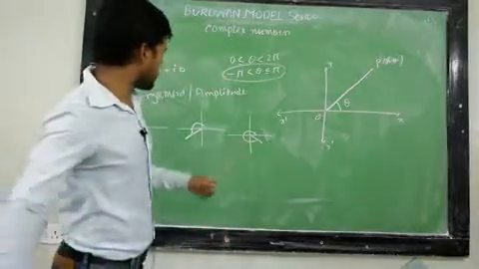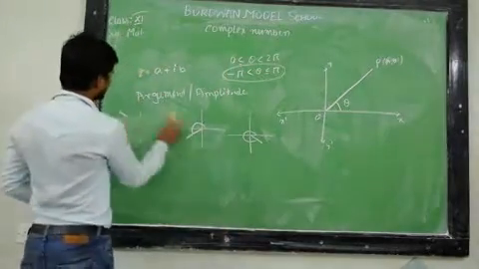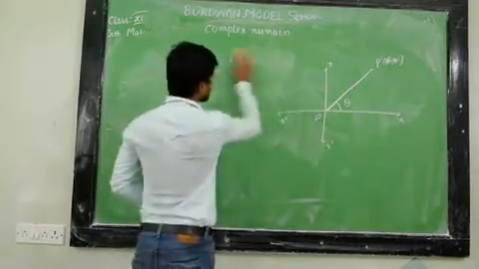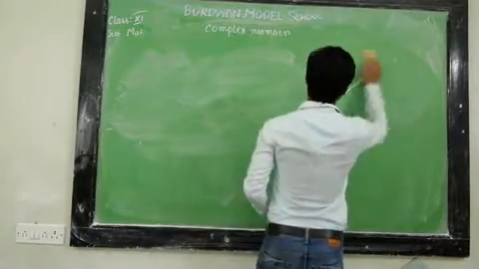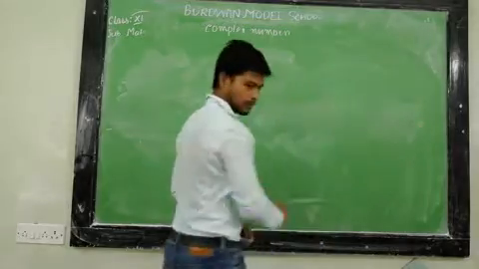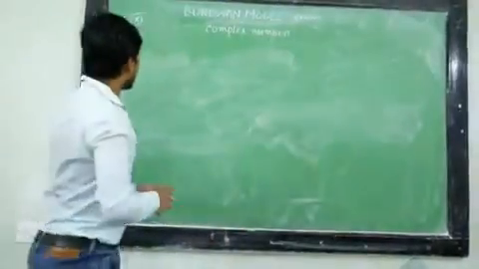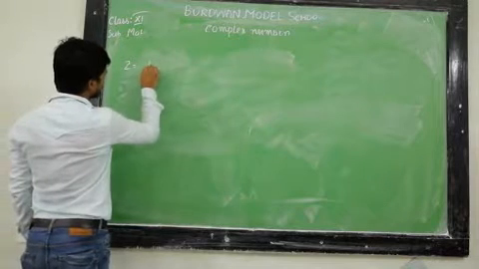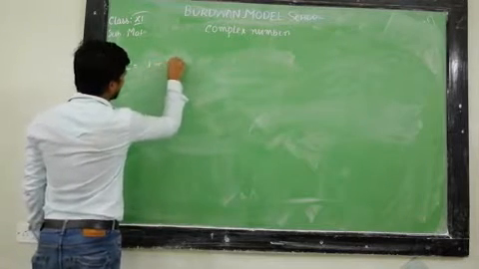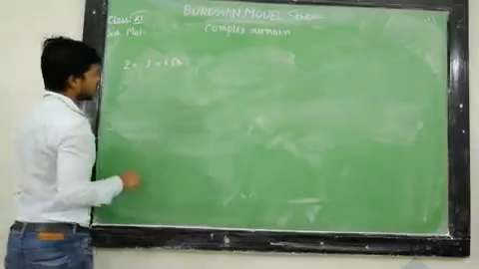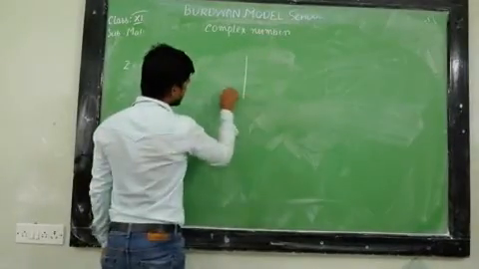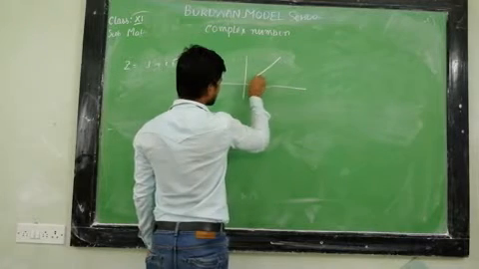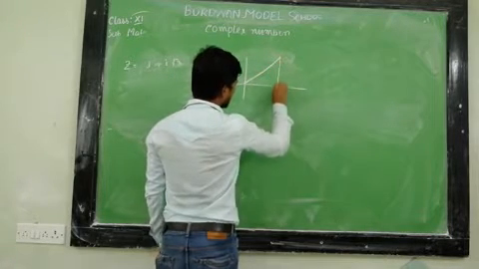Okay, so now let's see how to calculate the principal argument of a complex number in three different cases. Let me give you some examples. Suppose z = 1 + i√3. Obviously this point will lie in the first quadrant.